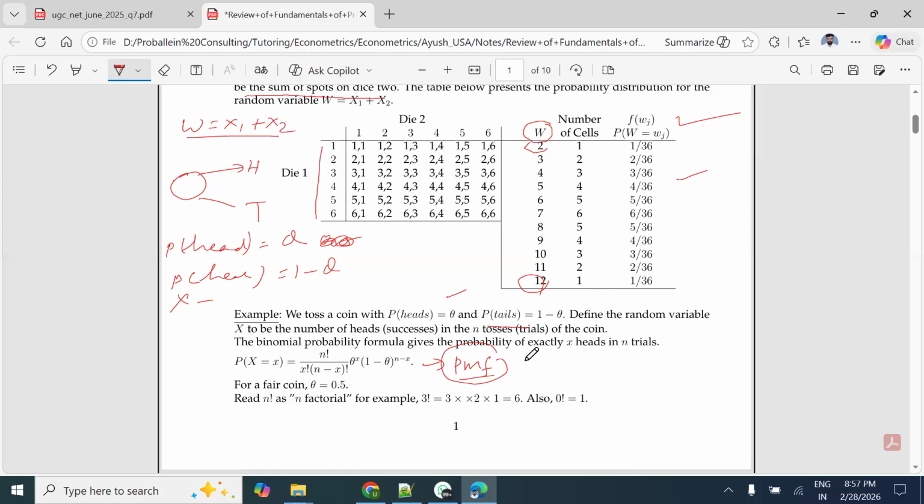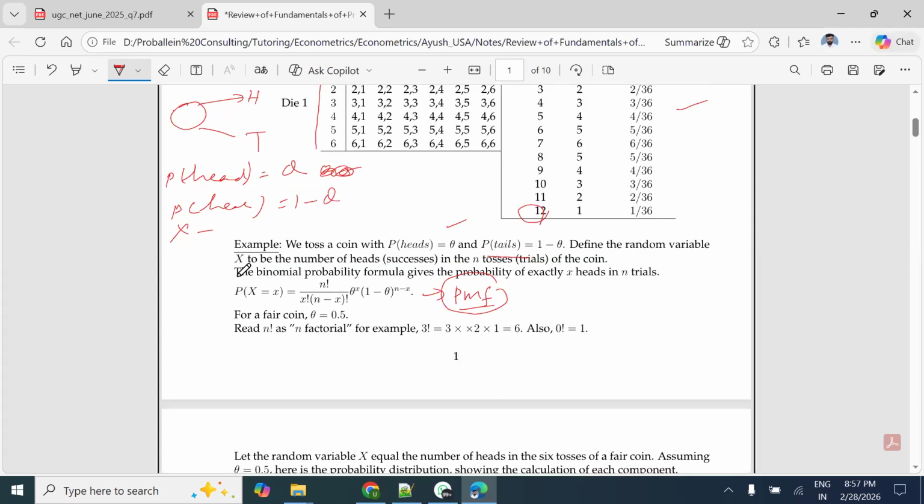Sir, we have two types of function: probability mass function and probability density function. If we consider discrete data, then we use the probability mass function. Please write it down.